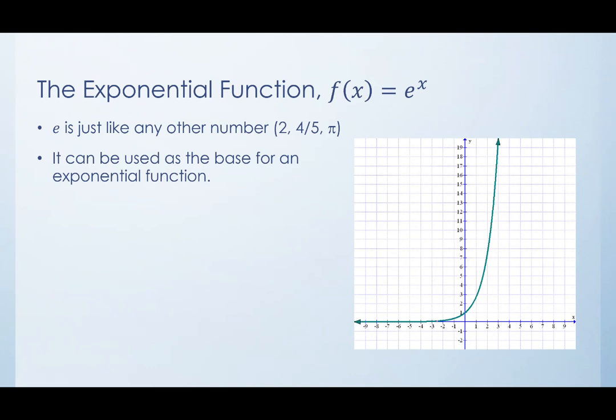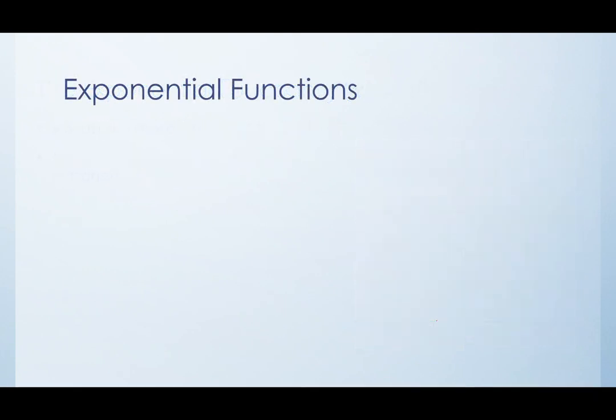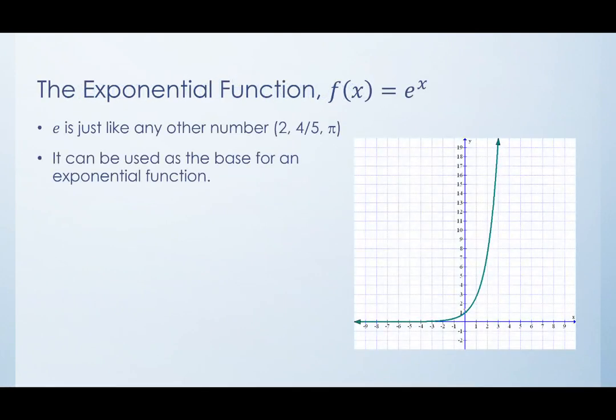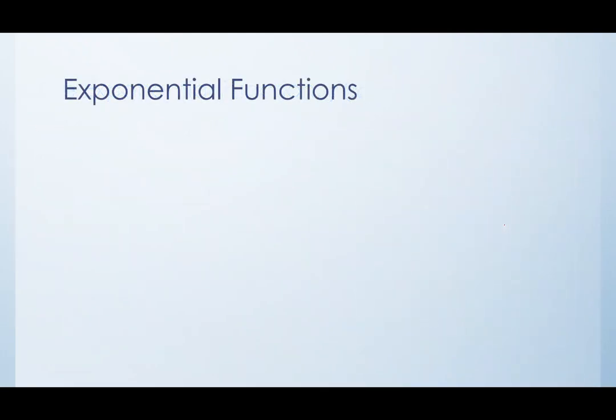It looks exactly the same as the graph that we had of 2 to the x and 3 to the x, except the scale is a little bit different. It has the same y-intercept. When we plug in 1, we get 2.71, and when we plug in 2, we get somewhere in there. So it's not anything to be worried about.